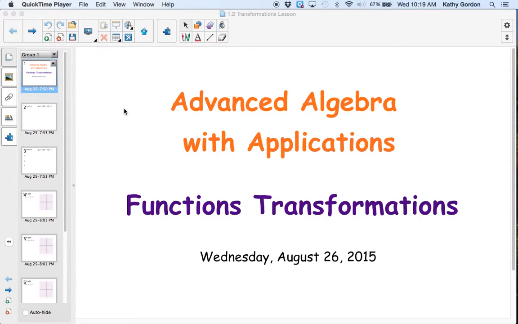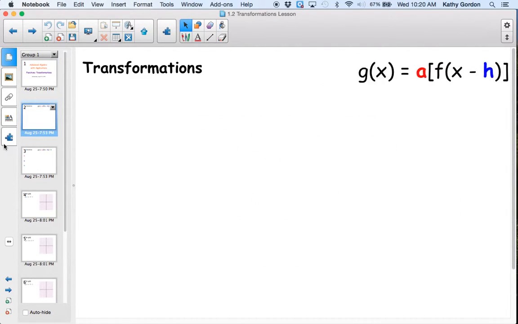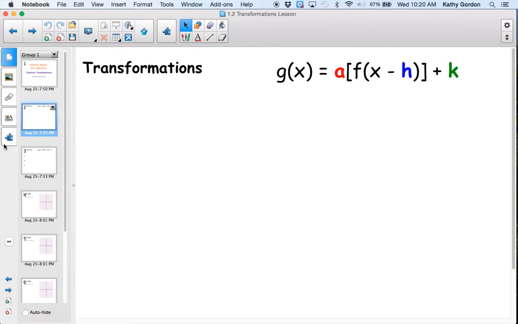Okay? So, when we talk about transformations, we oftentimes see this general statement as a way of showing that the transformations can work for any function.